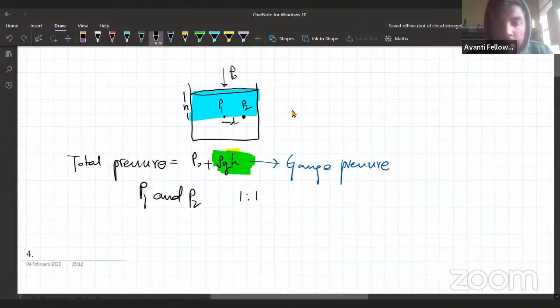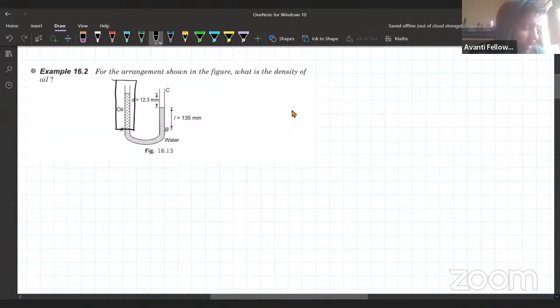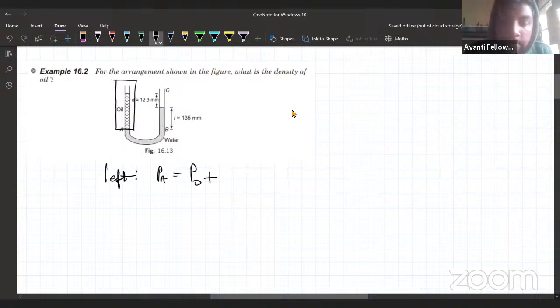Now, what is the atmospheric pressure here? Let's say it is P naught. For the left, I'm calculating PA, the pressure at point A. So P naught plus the pressure due to this depth, which will be rho of oil into G into height.